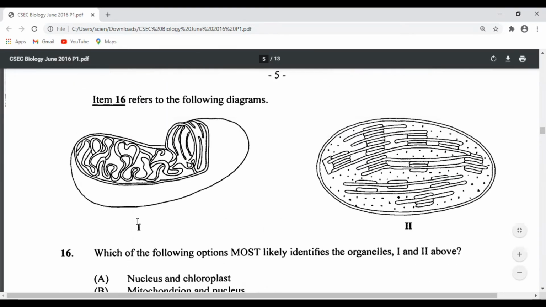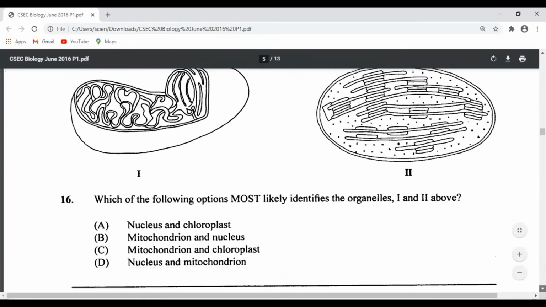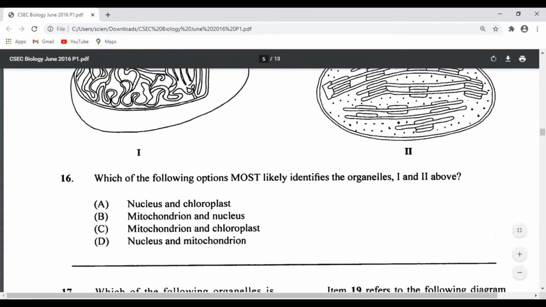So now 1 would definitely be the mitochondria based on the structures or the organelles on the inside, and then 2 would definitely be the chloroplast because we can see the thylakoids, how they're packed on each other. All right, so it would be mitochondria and the chloroplast, which would be C.